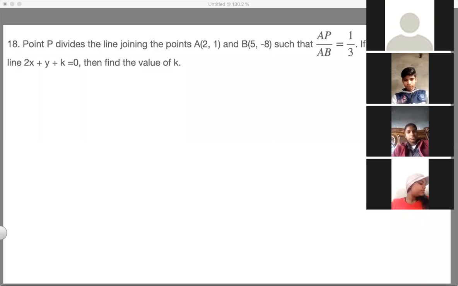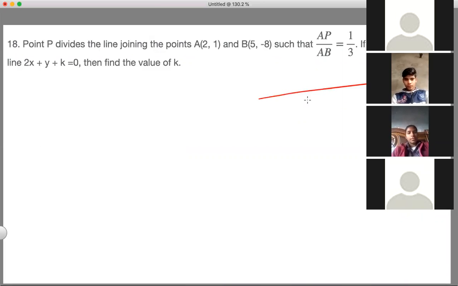Point P divides the line joining the points A and B such that AP by AB is 1/3. If P lies on a given line, then find the value of K. Sir, in this the ratio will be 1:2. Right, so we are given AP is 1 and AB is 3.